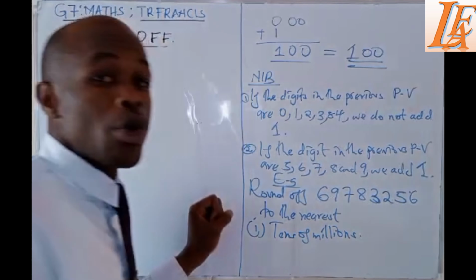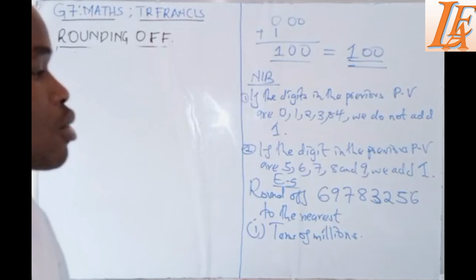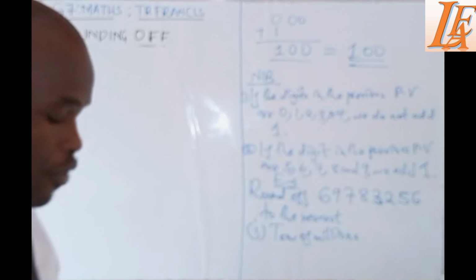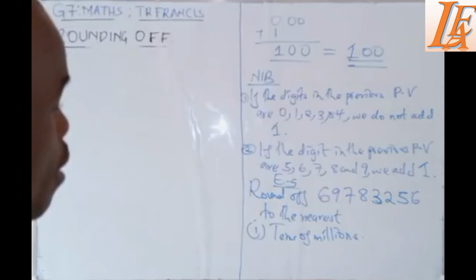You must know place values for you to be able to round off. If you don't know place values, you'll have a problem in rounding off. Therefore, we will round this number off to the nearest tens of millions.